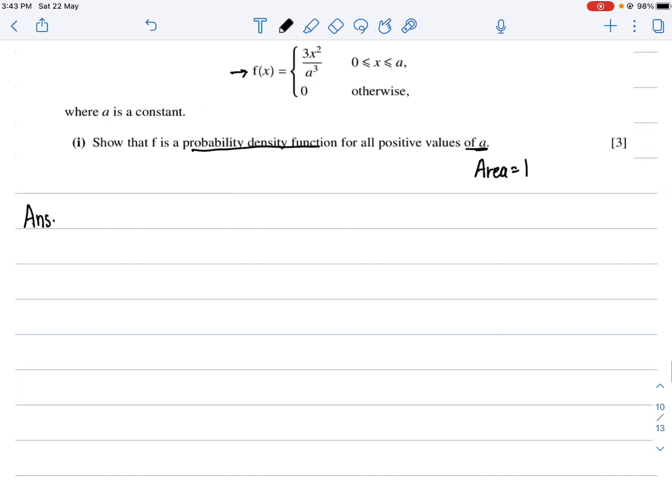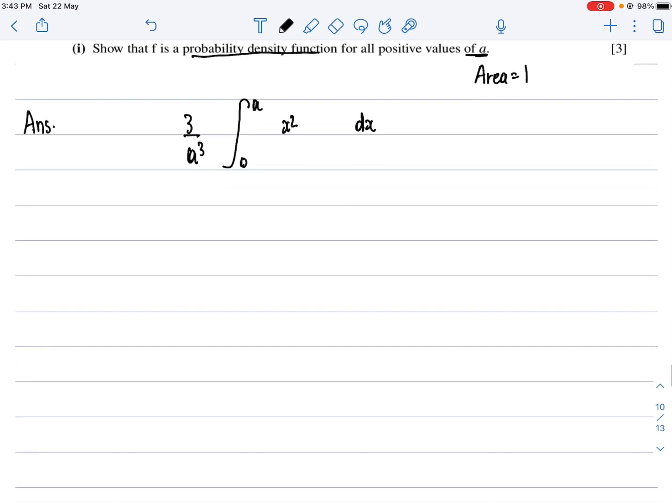So what we need to do is first write 3 over a cube with the integration from 0 to a of x square dx. Now I can write this as 3 over a cube. The integration of x square is x raised to 2 plus 1 over 2 plus 1, with limits 0 and a.